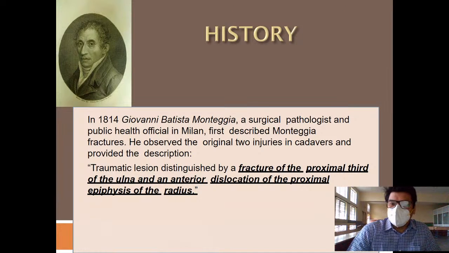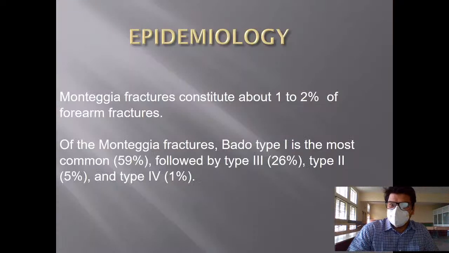He observed the original 2 injuries in cadavers and described a traumatic lesion distinguished by fracture of the proximal third of the ulna with anterior dislocation of the proximal epiphysis of the radius.